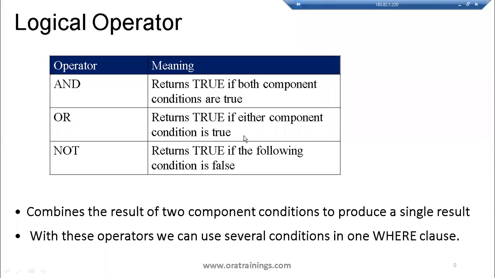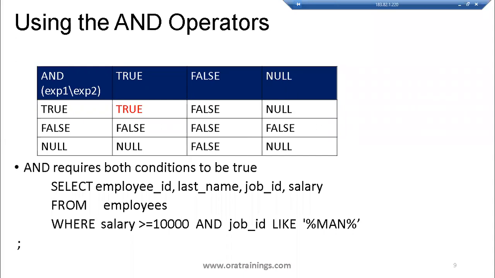Okay. Now coming to the next slide. We have seen this example, right? What is the result of this particular logic? Let us say AND: whenever you apply AND, if the first condition is true and the second condition is also true, then only you'll get true. In all remaining cases you'll get false. Let us say the first condition is false and the other condition is true, still you'll get false.